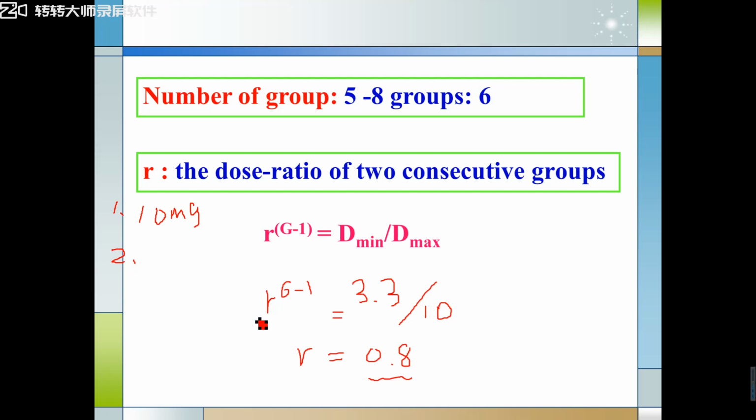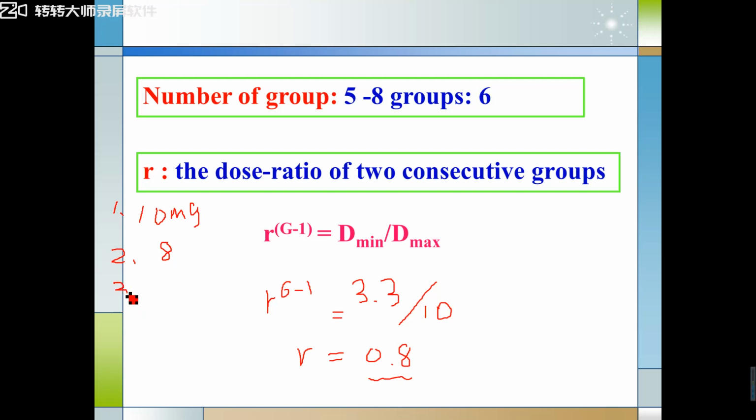Students, you should dilute the drugs by yourself. How to dilute the drugs? At the ratio of R, the dose ratio of two consecutive groups. We have calculated 0.8. So that means for the second group, we dilute the drug at the ratio of 0.8. So the second group's drug dosage is 8.